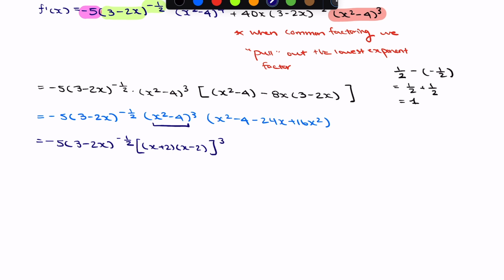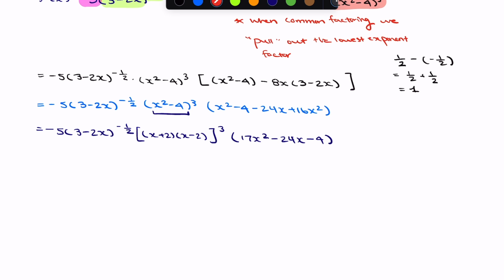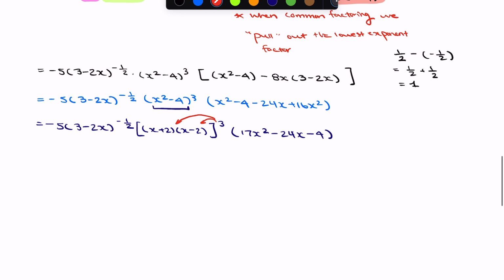Here, if we combine our like terms, we're left with 17x squared minus 24x minus 4. Okay, we're going to distribute this exponent into (x plus 2) and (x minus 2) with the power of 3.